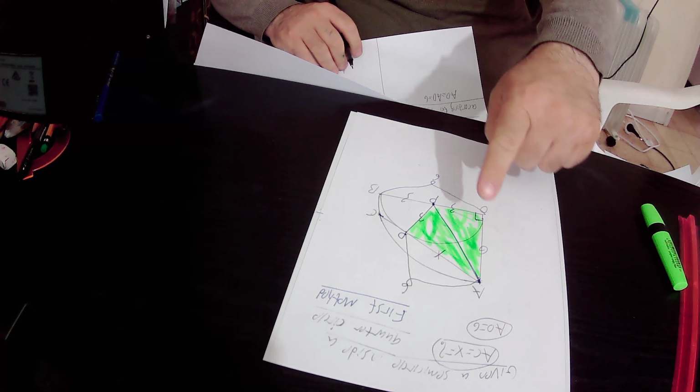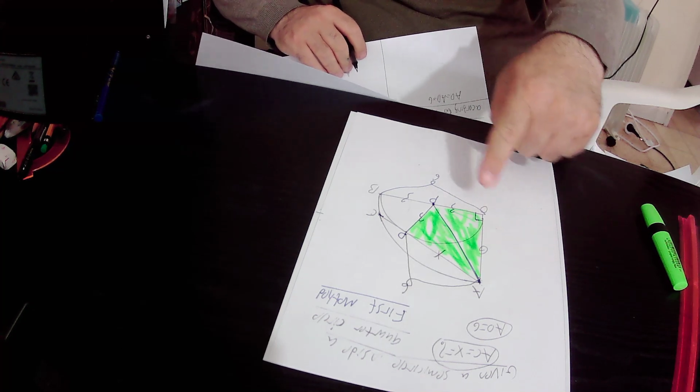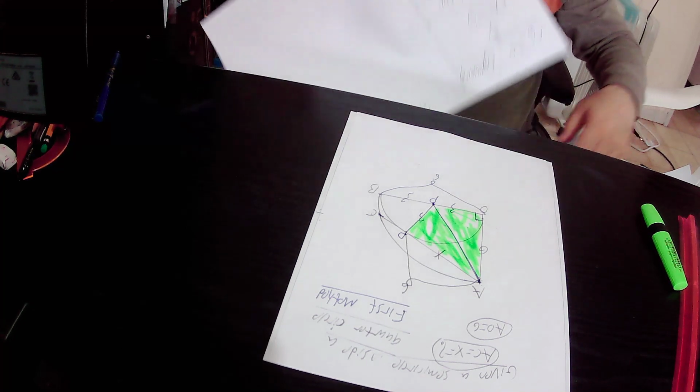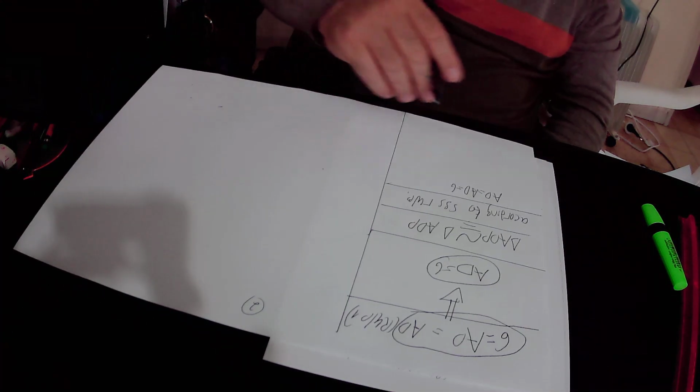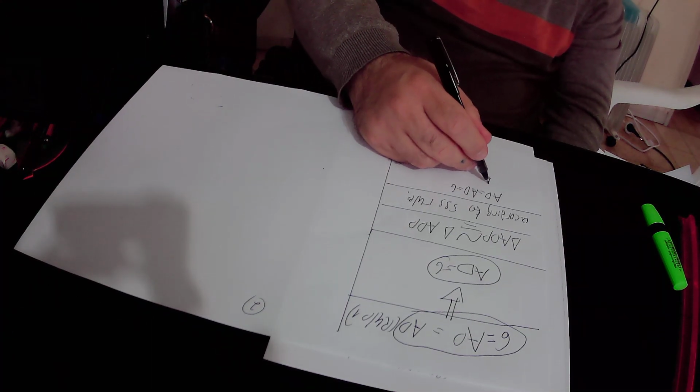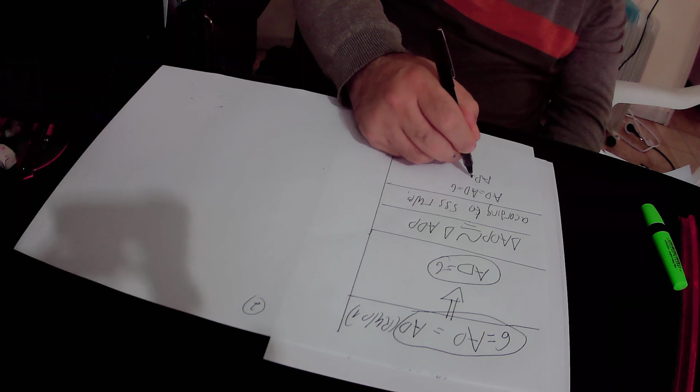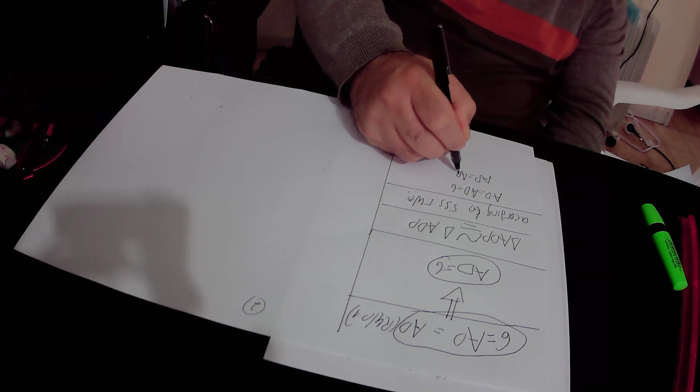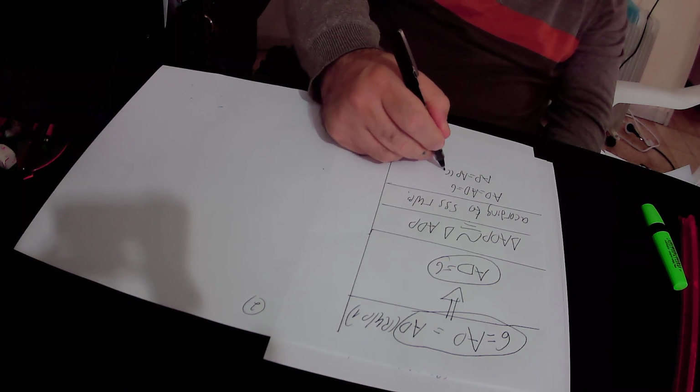We also have side AP, that is a common side, it belongs to both triangles, so AP equals AP.